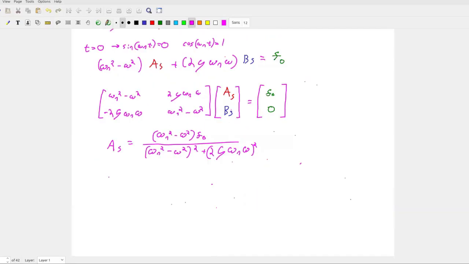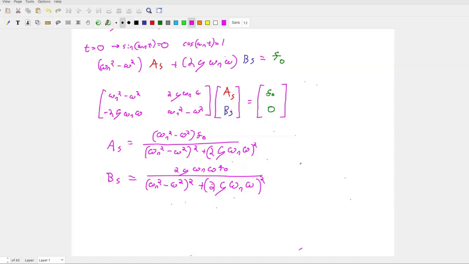And one more solution, BS is equal to 2 zeta omega n omega f naught over omega n squared minus omega squared, that whole term squared, plus 2 zeta omega n omega squared.